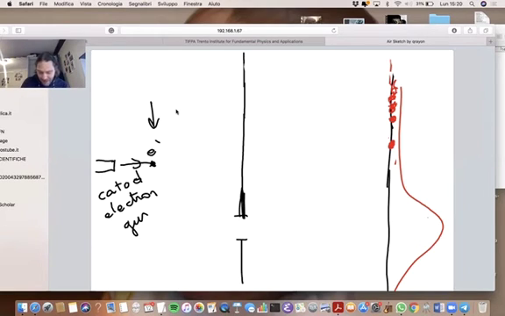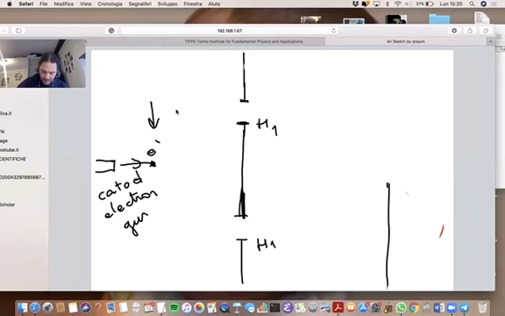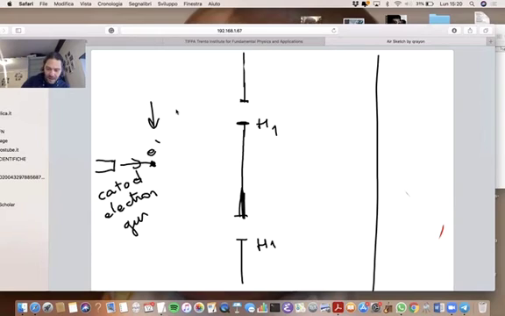But now the big surprise comes. Let's suppose now I open both holes at the same time, and I switch on my electron gun again. What I observe, and guess what?